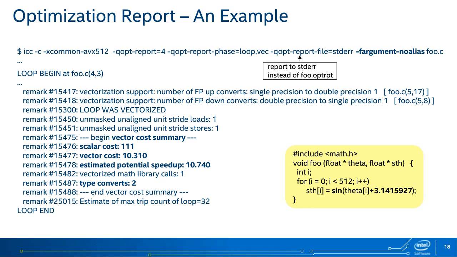However, there is a message about type conversions here, and this may introduce overhead. Let's look at the source code. sth and theta are single precision floats, and the literal constant 3.14, which is a pi number, is double precision in the C language. So adding this to theta makes the argument of the sine function double precision, which in turn causes a double precision version of sine to be called.